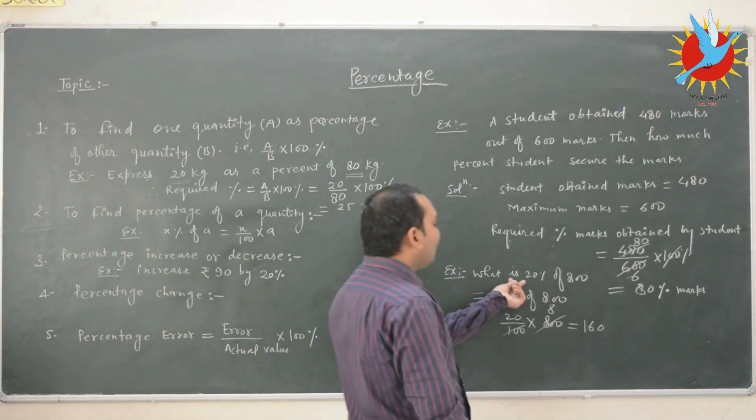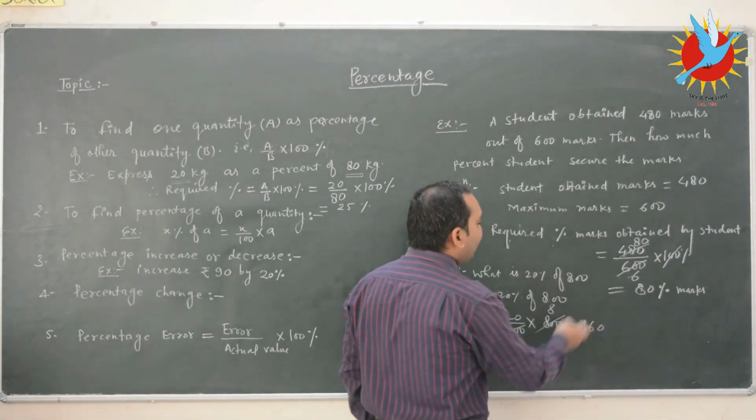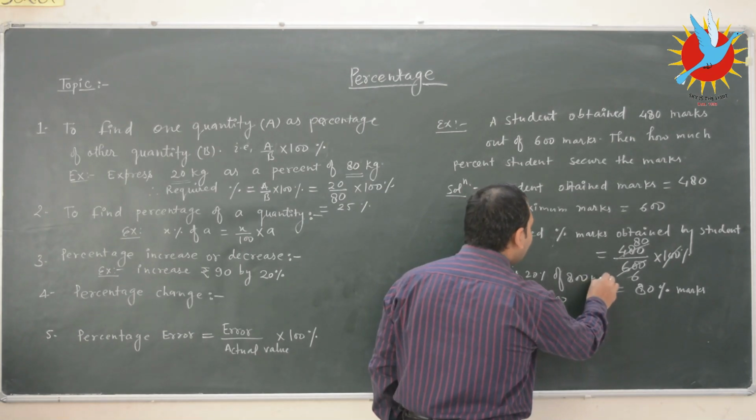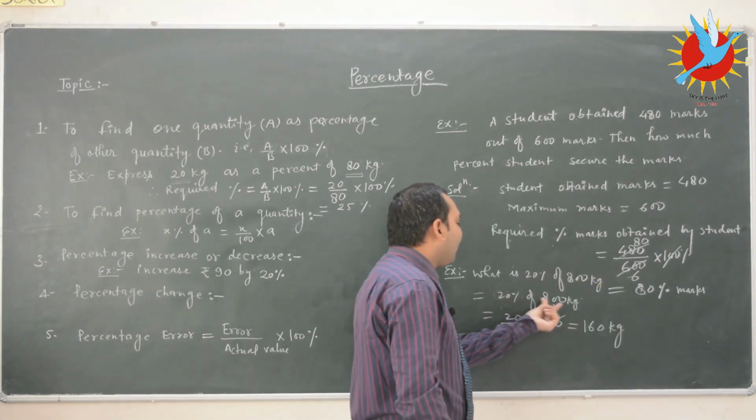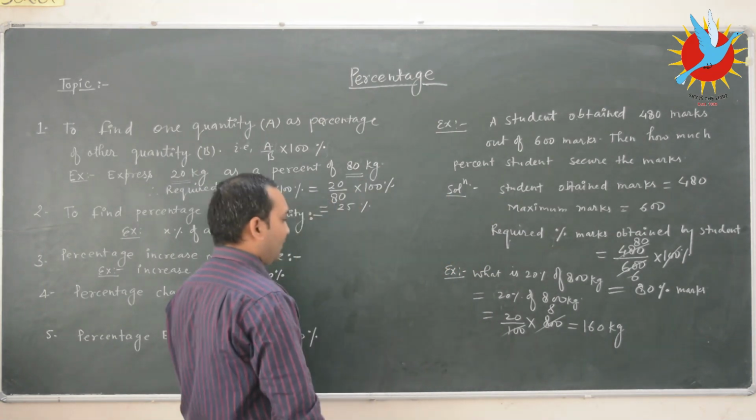It may be in rupees or in kg. 20% of 800 is 160 kg.